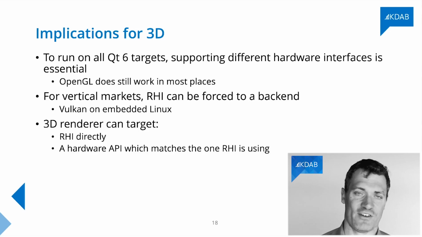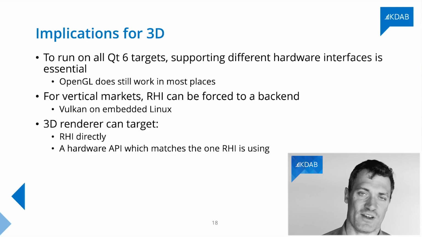The API provided by RHI is again very similar to what's offered by Vulkan, Metal, and so forth. This means that generic rendering code can be made to work using RHI as its abstraction, and then it will of course automatically be using the same internal hardware abstraction as Qt6 and other parts of Qt. This gives a very seamless integration at the cost of rewriting some 3D code to use the RHI abstraction.